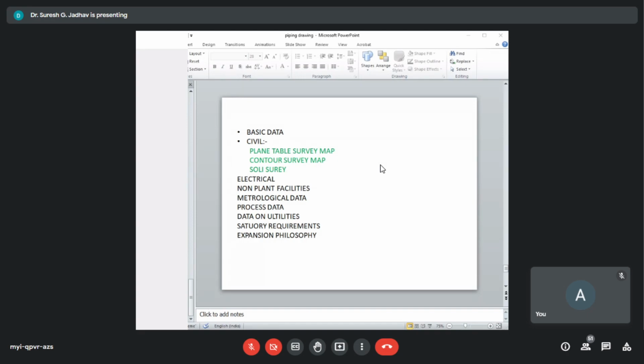Now, next is statutory requirements based on the location, nature, and type of the plant. The requirements by the statutory authorities, as well as knowledge and application of these, are essential to develop the plot plan.